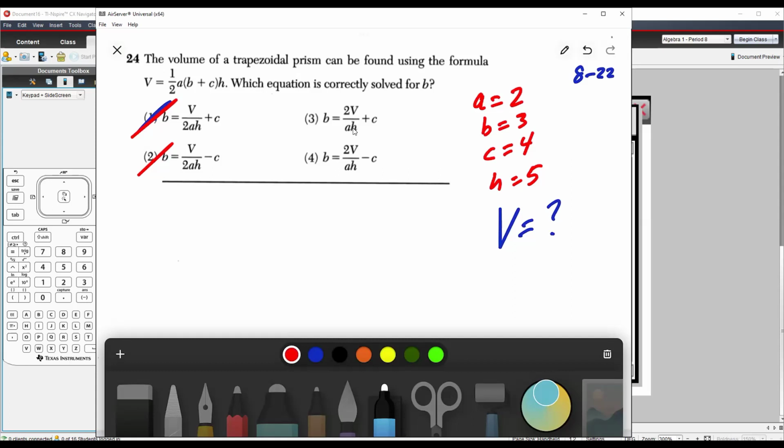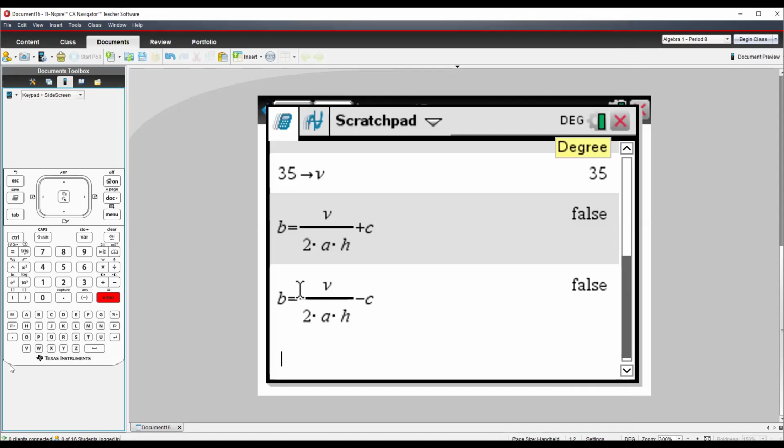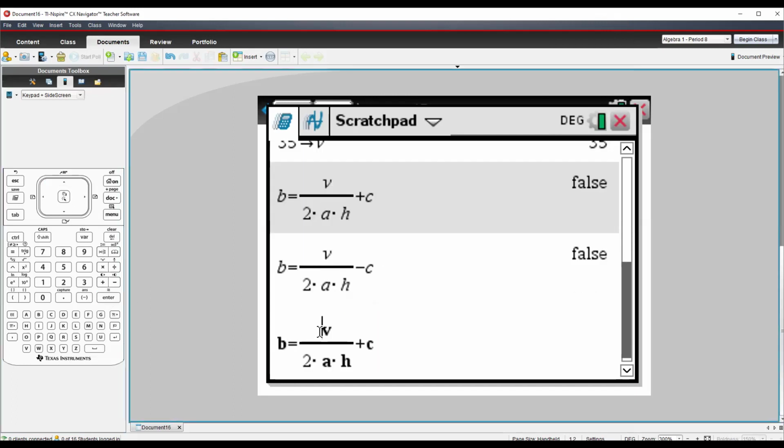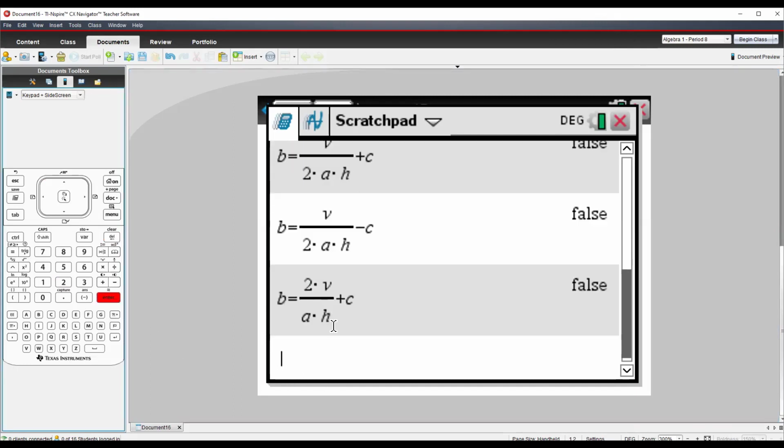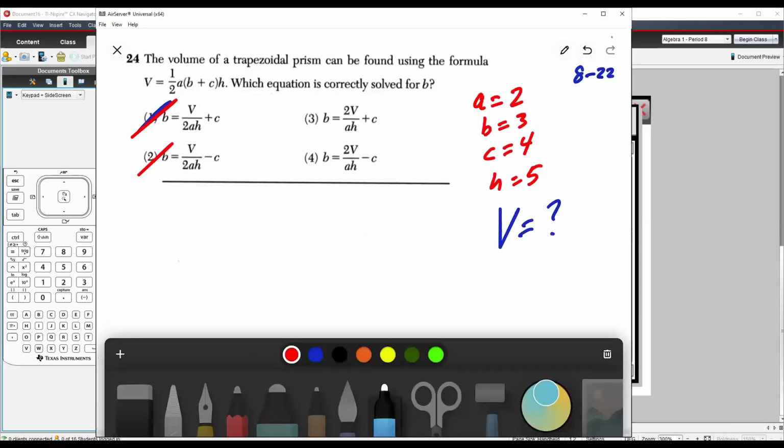So it's 2V over AH plus C. I can copy this one right here. I'm going to put a 2 times the V, and get rid of the 2 down here. And let's see what we get. I get a false. So it looks like it should be the last one.